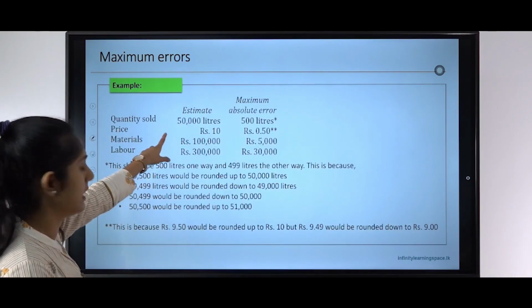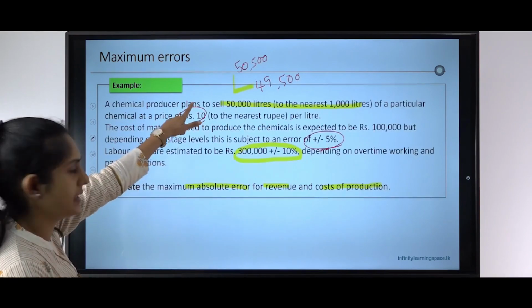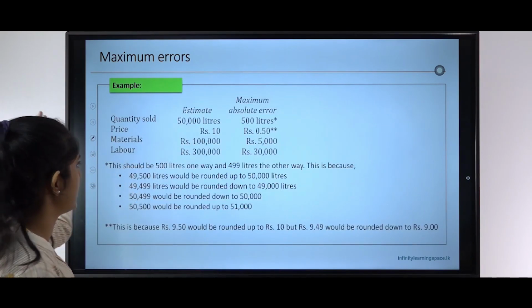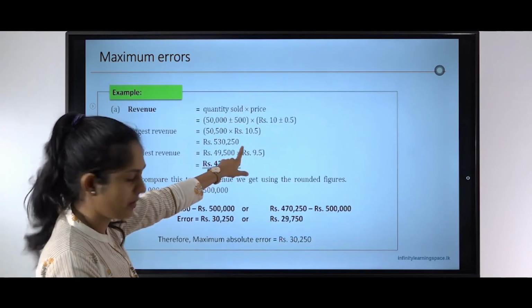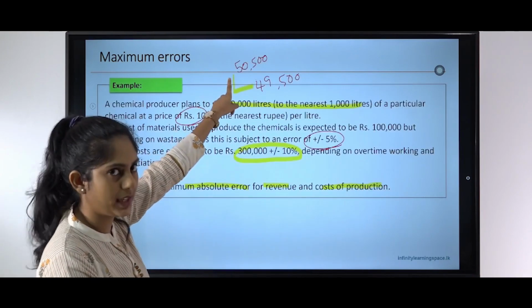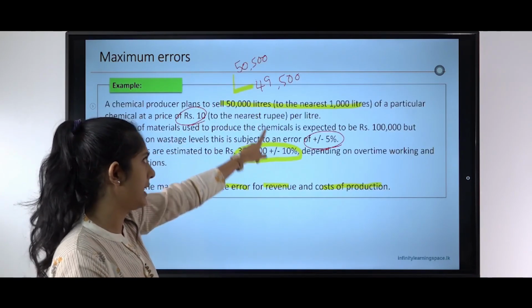Quantity sold. Like I mentioned there, I have only put the errors first. Quantity sold was 50,000 liters, and I showed you that it could have been 50,500 or 49,500.